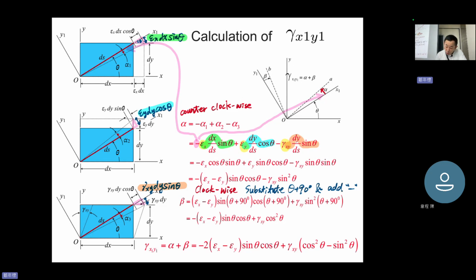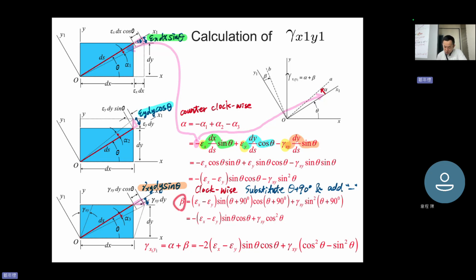But what you learned here is positive, I mean counterclockwise. Now your beta is clockwise. Sorry, it's the opposite side, so you need to add a minus sign. Because beta is clockwise, which is opposite to counterclockwise alpha. So all you need to do is change theta to theta plus 90, and then add the minus sign.